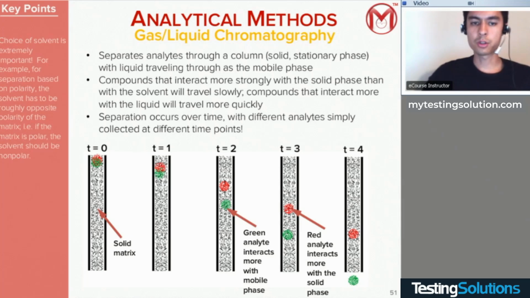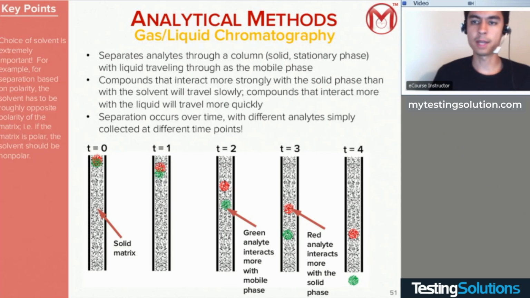Green starts to travel further and further down. What it tells me is that green is spending more time with the mobile phase because the mobile phase is passing through, and the red one is spending more time with the stationary phase. Like dissolves like, so the green one must be more like the mobile phase. The red one must be more like the stationary phase.